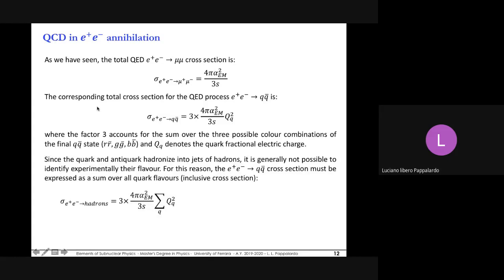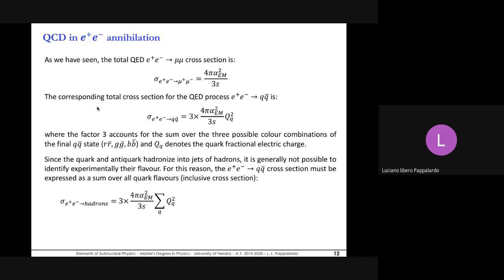Now there is, however, a subtlety here. Since the quark and the antiquark hadronize into jets of hadrons, it is in general not possible to identify experimentally their flavor. So we don't know if the fragmenting quark was an up quark, a down quark, or a strange quark. It's very hard to infer. Okay, you can make a hypothesis, but it's very hard to infer from the data.